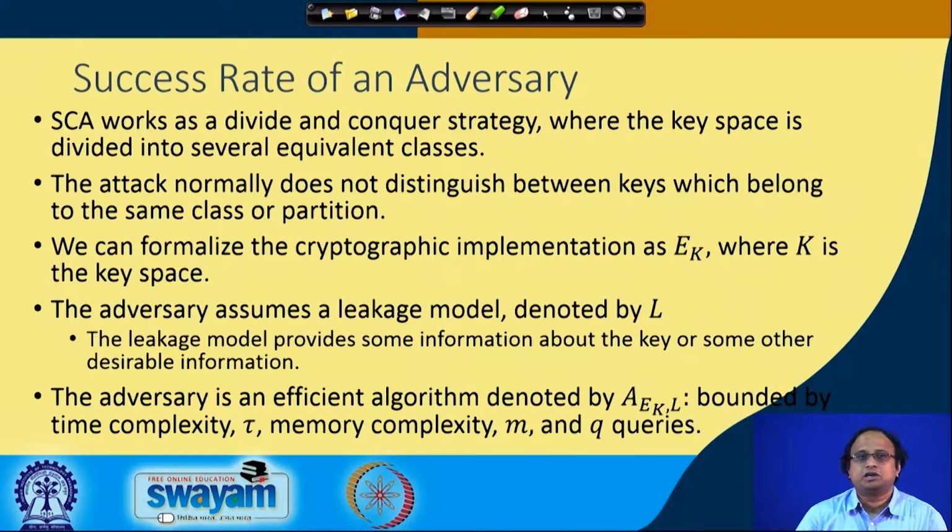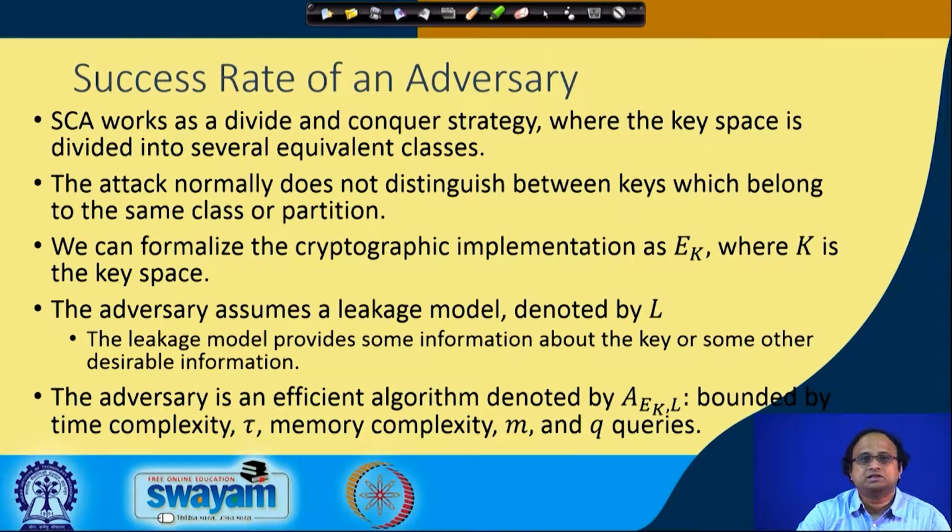If the Hamming class is 1, and I am considering a byte in the state matrix, then there could be 8 possible values: the key could be 1, 0, 0, 0, 0 and so on, or 0, 1, and so on followed by zeros, or contiguous zeros followed by 1. Therefore, the attack normally does not distinguish between keys which belong to the same class or partition.